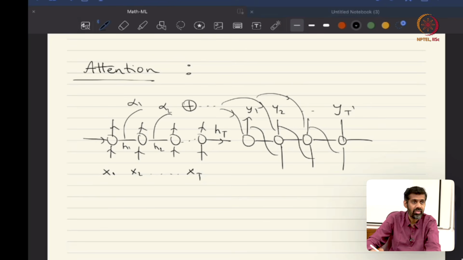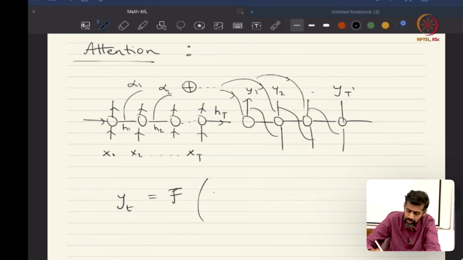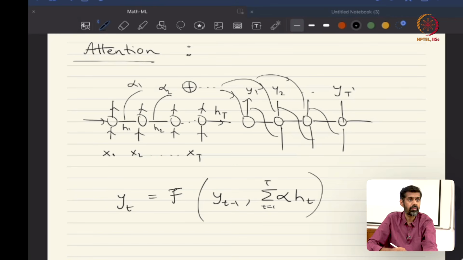You understand? What we are saying is yt at every time now becomes a function of the previous y, of course, and also a linear combination of all the hidden states of the input. You see what is being done here?